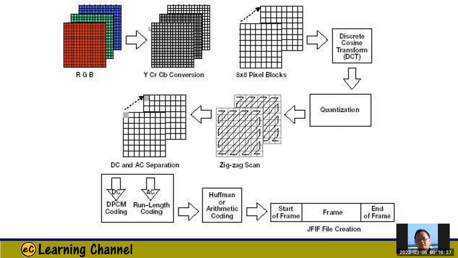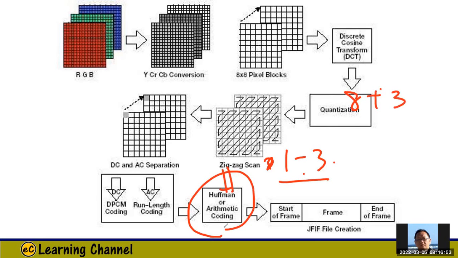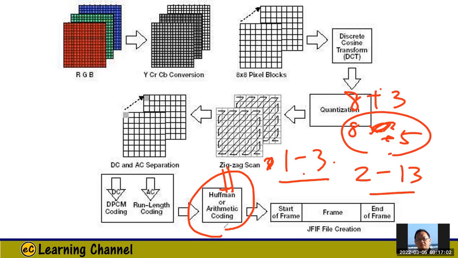Then Huffman encoding will compress another degree of 1 to 3. So in total, you get a compression ratio of maybe 8 times 3, or up to 8 times 5.